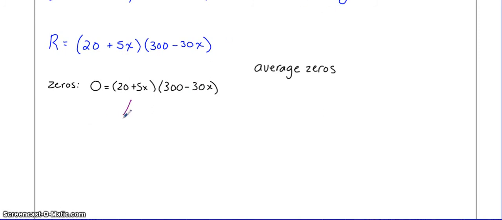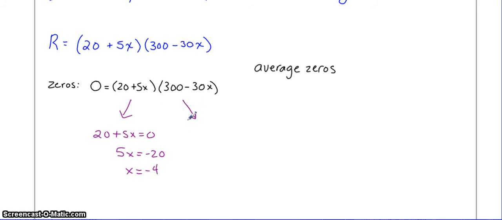So the first factor, we figure out the value of x when the first factor is equal to 0. So we're going to subtract 20 from both sides and then divide both sides by 5.